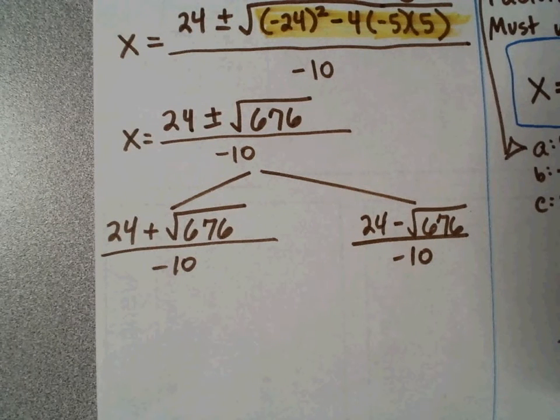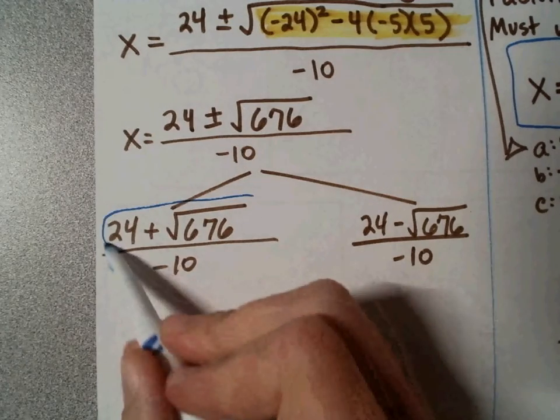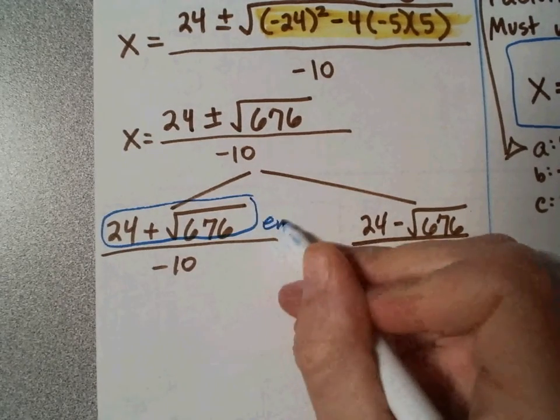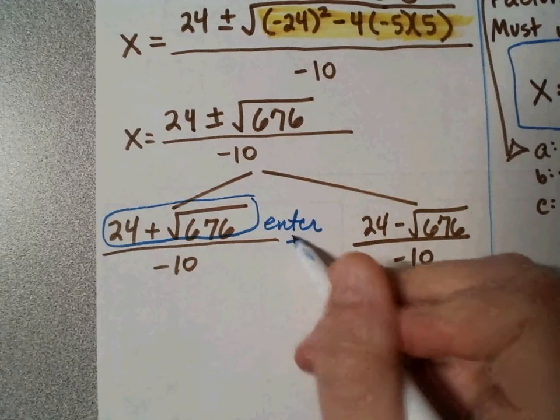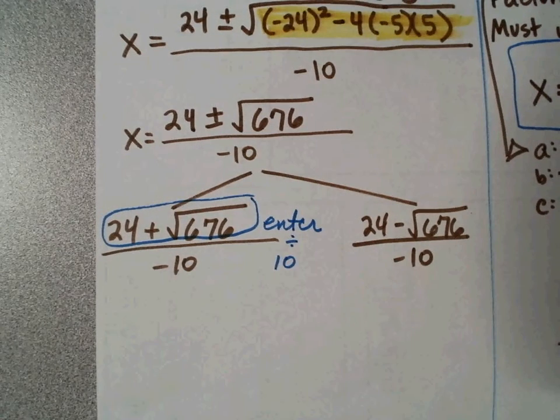Make some notes on your paper if you don't remember how to type that in. The top gets typed in, then you hit enter, then divide by 10. So everybody practice that sequence of typing.